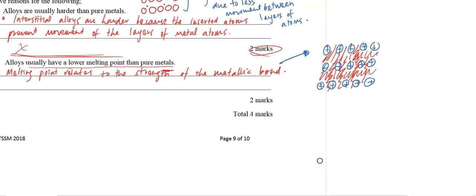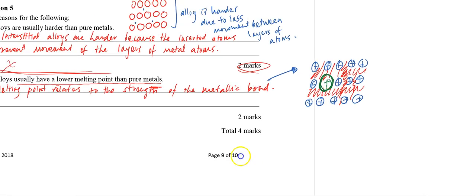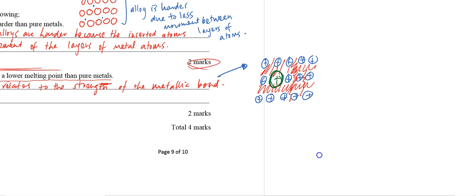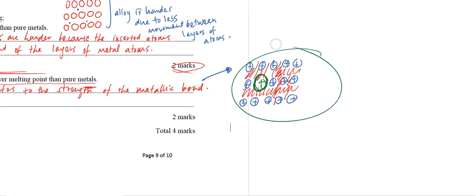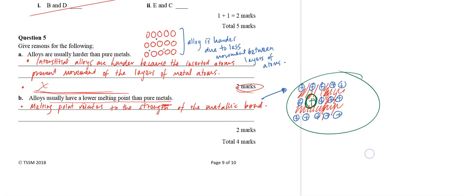I would use substitution alloys in this question because I think you can explain it this way. With substitutional alloys, when you have a different size atom, that does a couple of things. First, it disrupts the structure of this lattice a little bit, which makes it easier to separate the atoms.